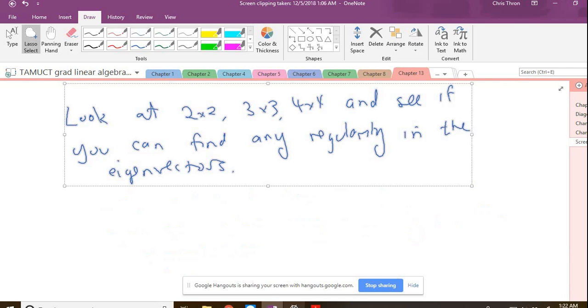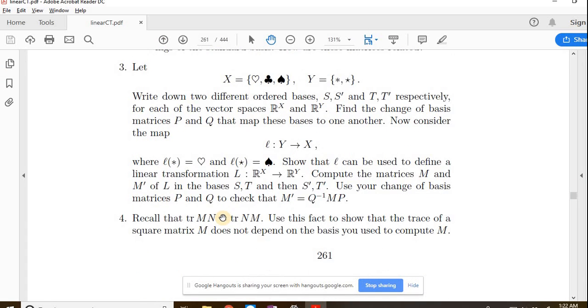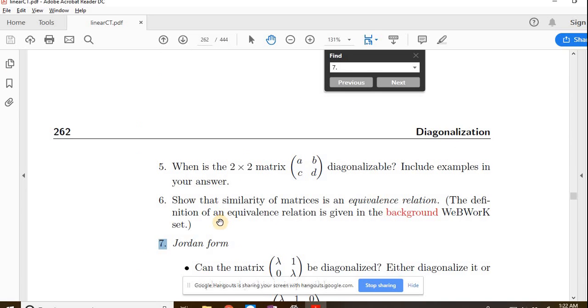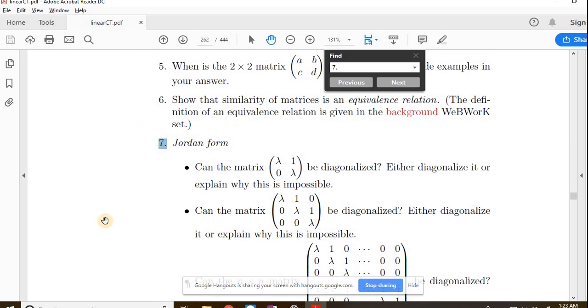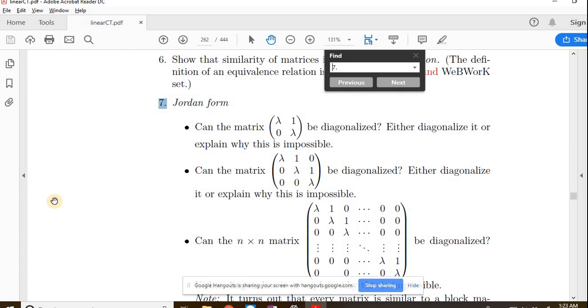All right, question 7. Let me take a look. I think I just said first do the first 2 bullets. It is somewhat similar, isn't it?